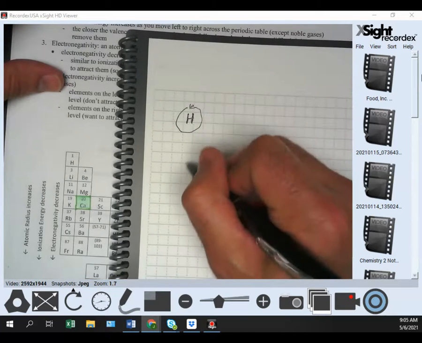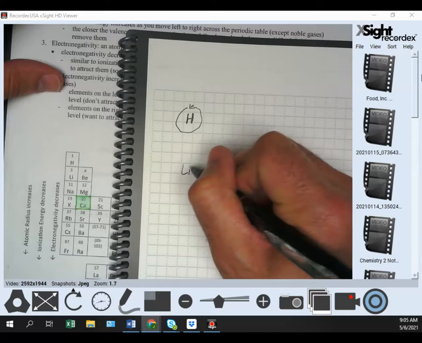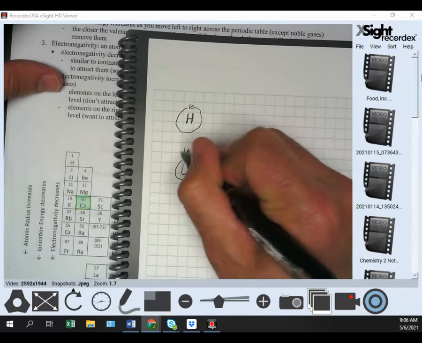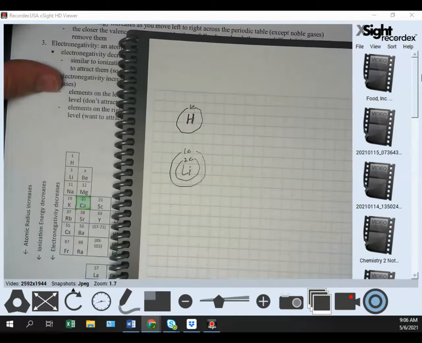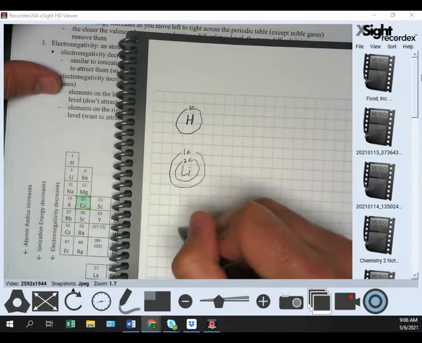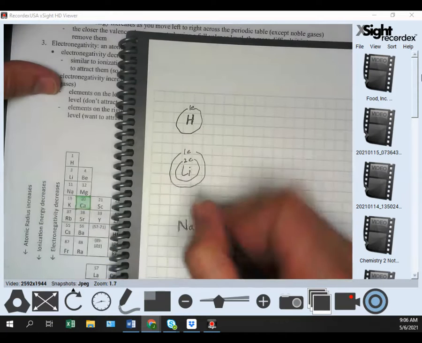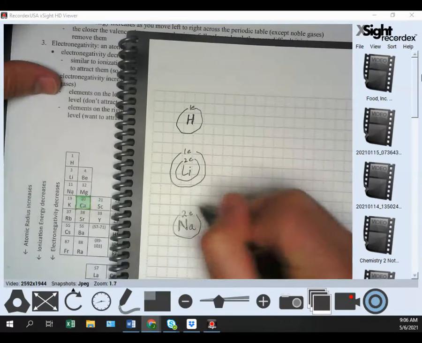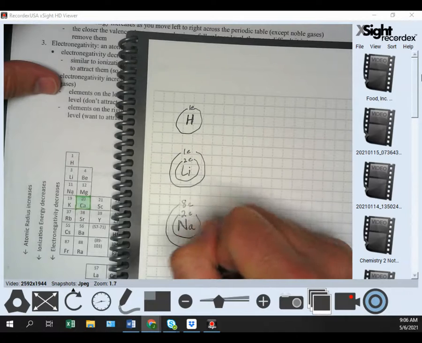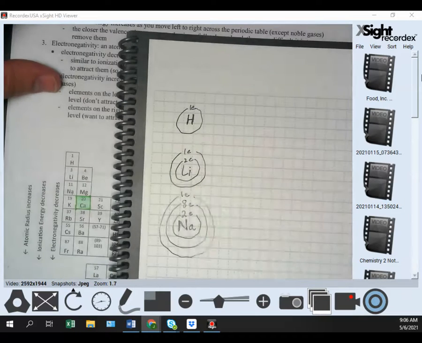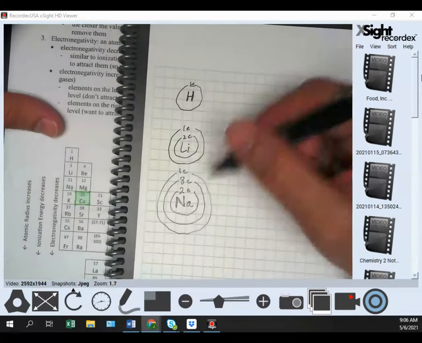Lithium has 3, so lithium has 2 in the first level and 1 in the second level. Sodium has 11. It's got 2 in the first level, 8 in the second level, and 1 in the third level. So see what's happening every time you go down a row?